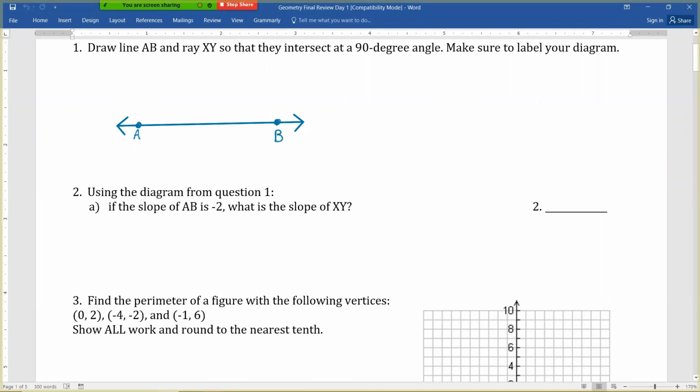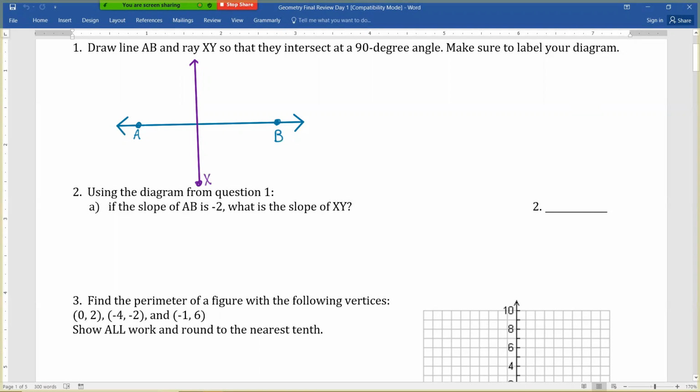Then we want ray XY that intersects at a 90-degree angle. So I'm going to draw ray. Remember, a ray only has an arrow on one end. Let's see, this is ray.